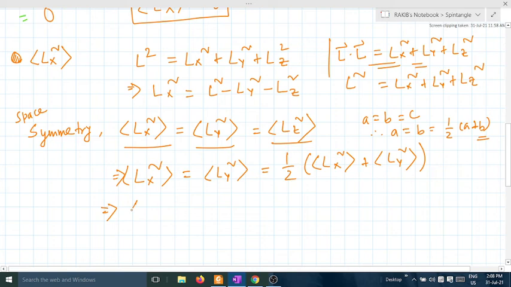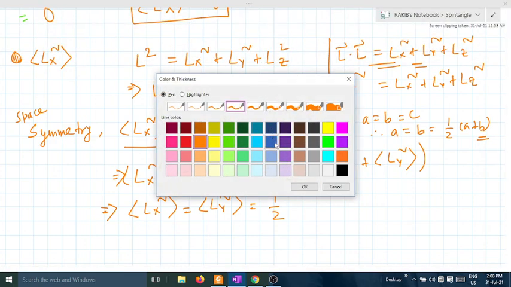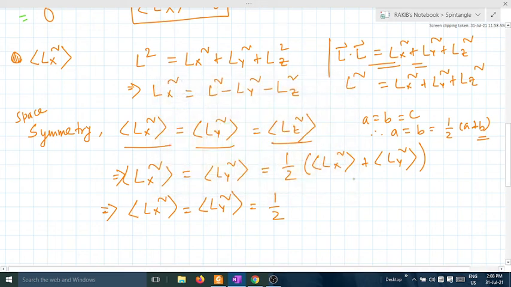Then what we can draw from this is that Lx square operator is equal to Ly square operator is equal to half into Lx square operator plus Ly square operator.